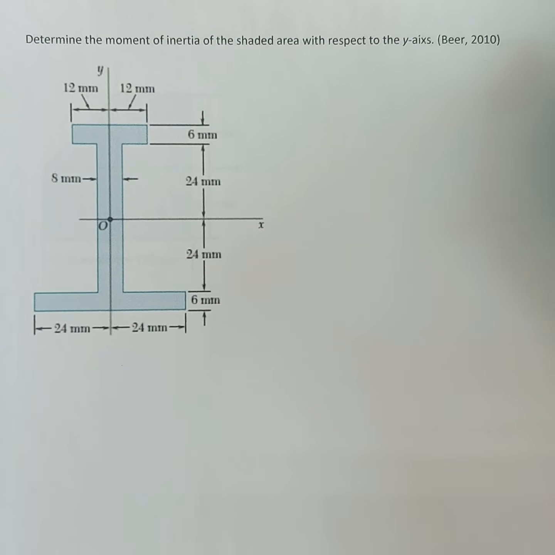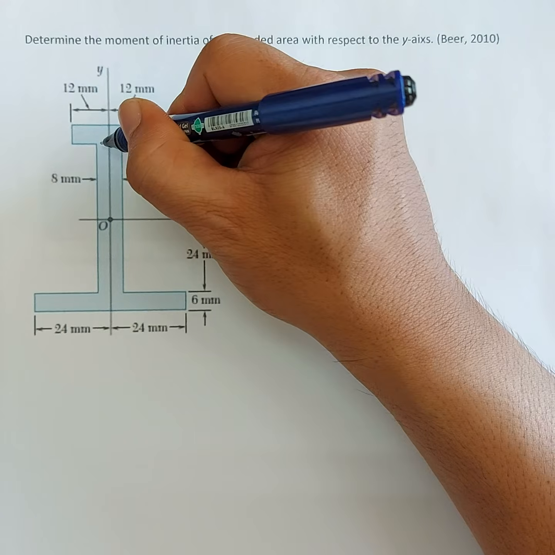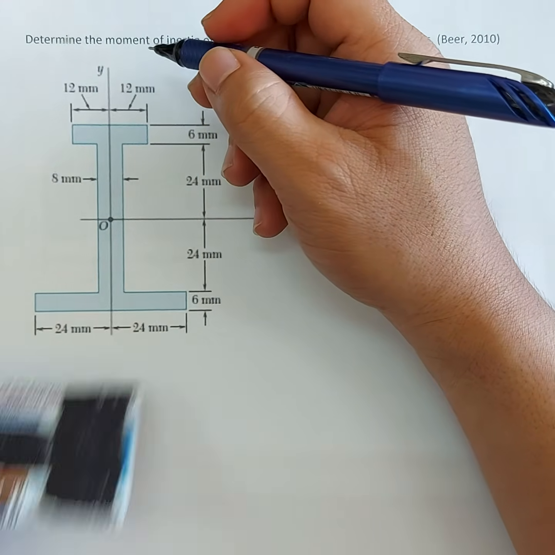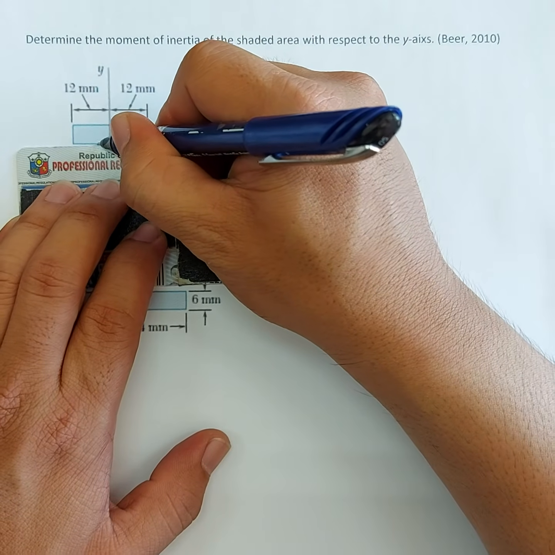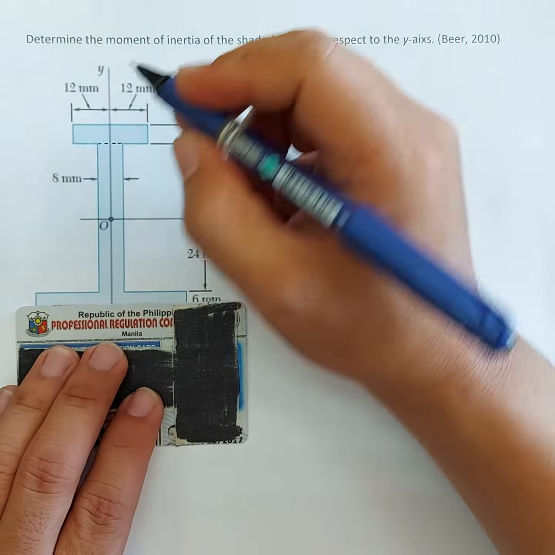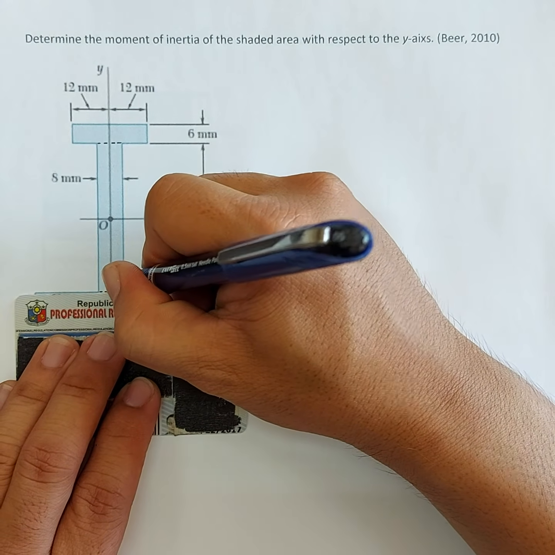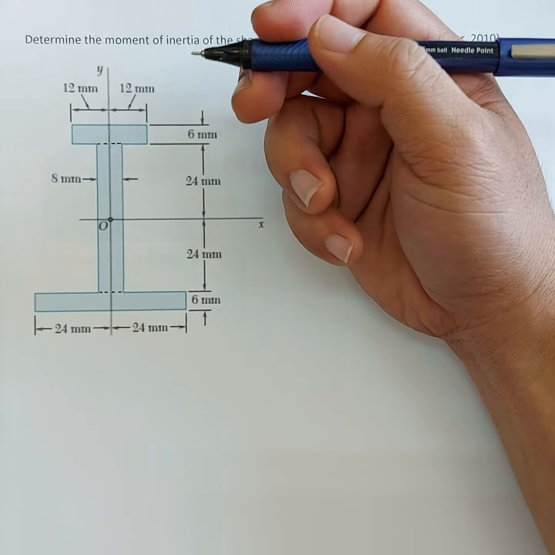So what we're going to do is divide yung ating composite area into regular shapes. Medyo obvious naman na kung paano natin i-divide yan. So ito yung same thing, rectangle dito. Okay, division natin.